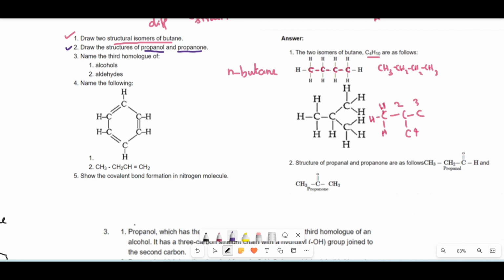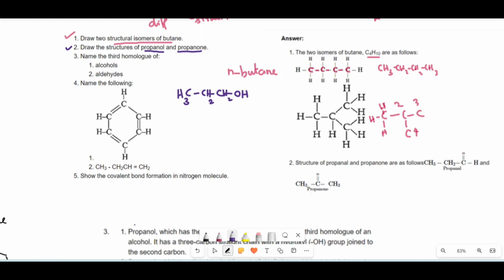So propanol: CH3, 1, 2, 3 carbons, and then you have to add one OH group. So this is propanol, and you add hydrogen: CH3, CH2, CH2, OH.